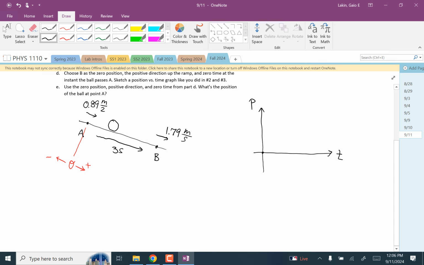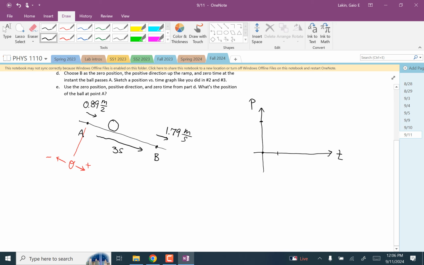And the point B is going to be some positive number greater than 0. We know that because of the direction of the positive. Okay, are you with me on that? And so B is going to be somewhere here.